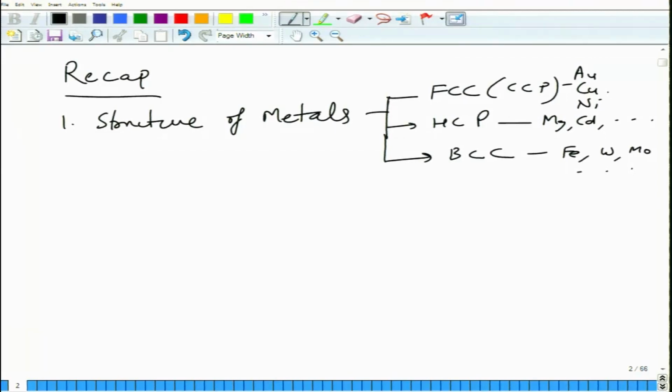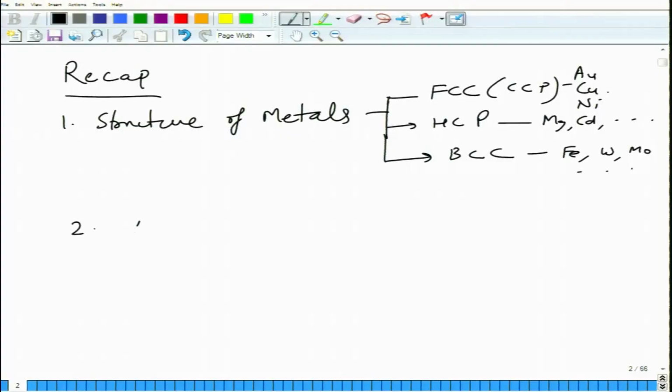Now, the alloys. Most metals do not exist in pure form, and we also use them in impure form for improving their properties. For example, iron is used as an alloy of iron and carbon, because carbon is intentionally put to make iron stronger. So the question arises is, where does carbon go?